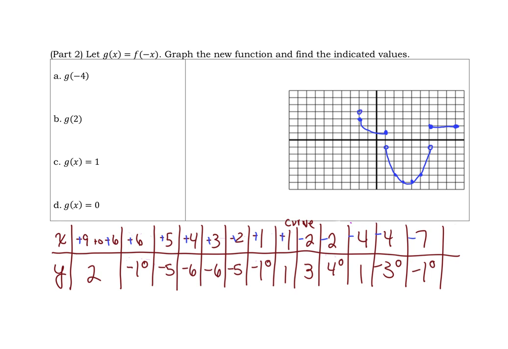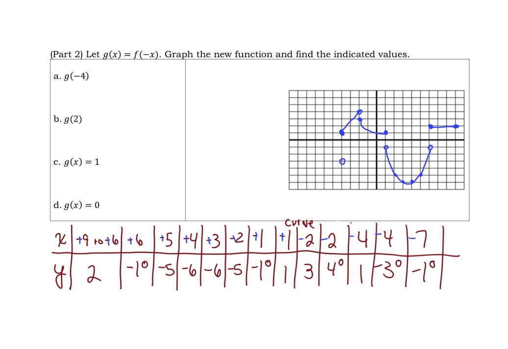And then at -4, I'm at 1, and I'm connecting those. And then at -4, I'm at -3, and that's an open circle.